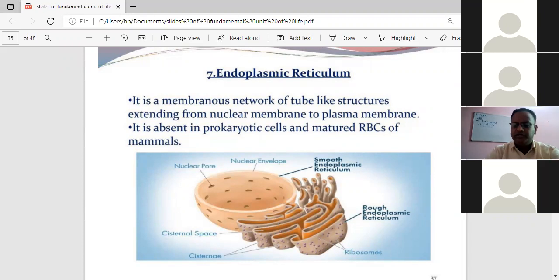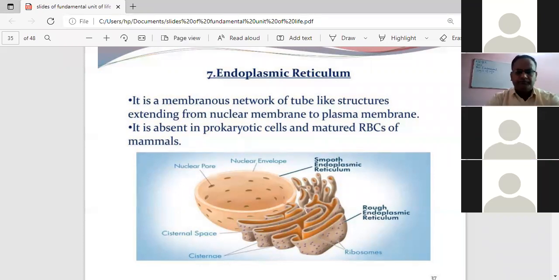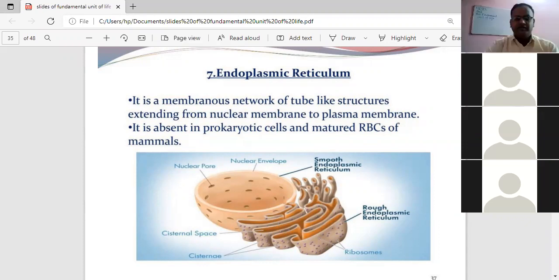Next, Saloni, you can also unmute yourself. Yes, sir. The endoplasmic reticulum is attached with the nucleus. With the nucleus. Okay. All the students have answered very well and very correctly.